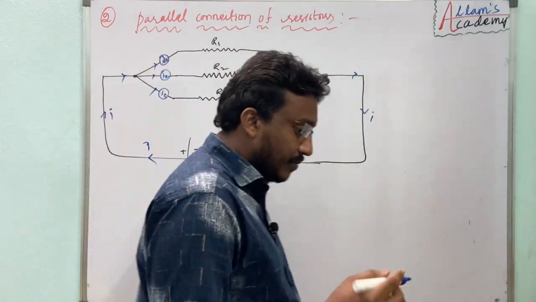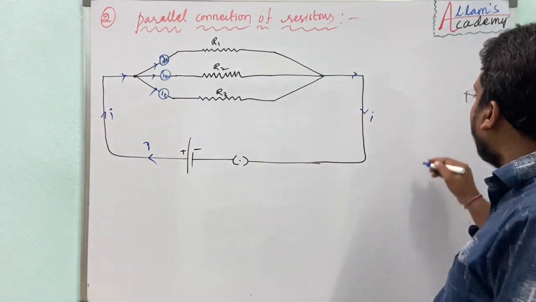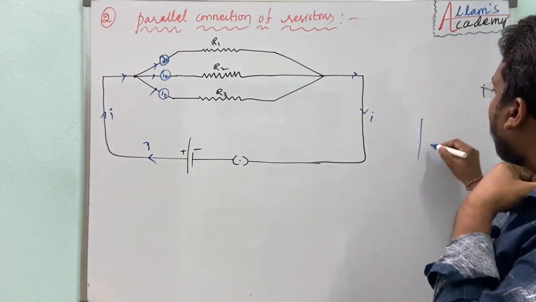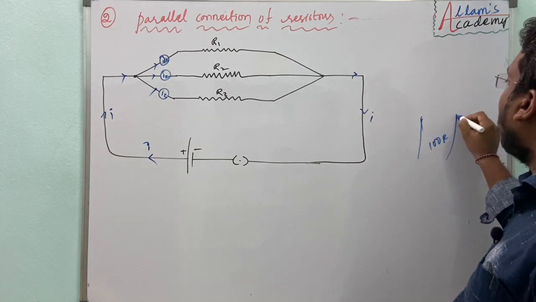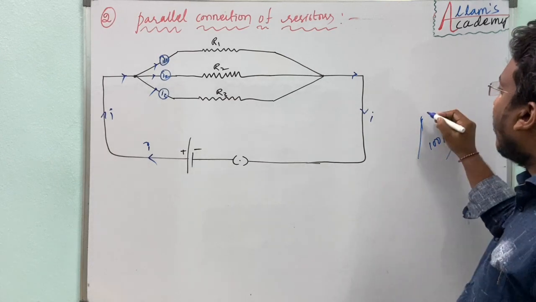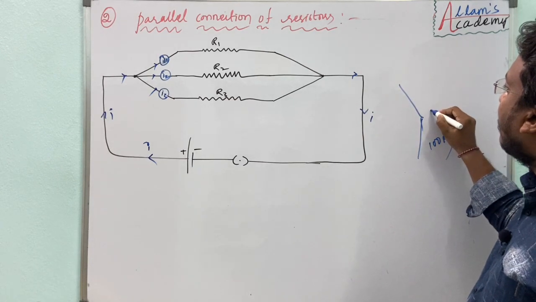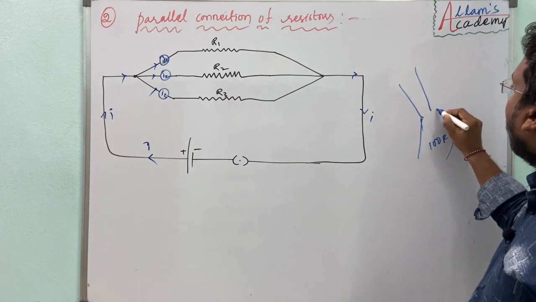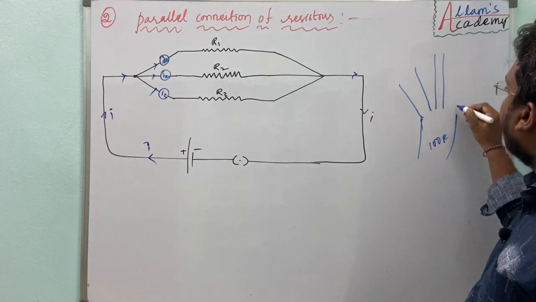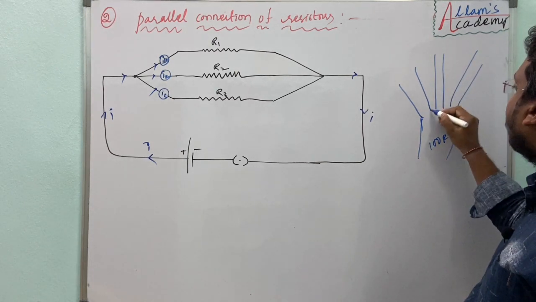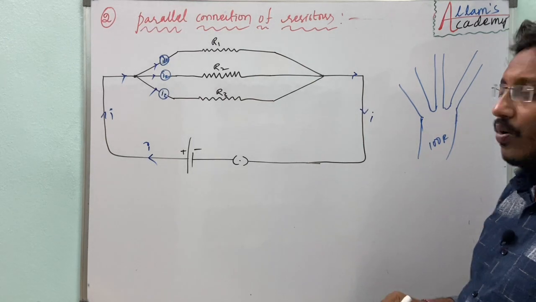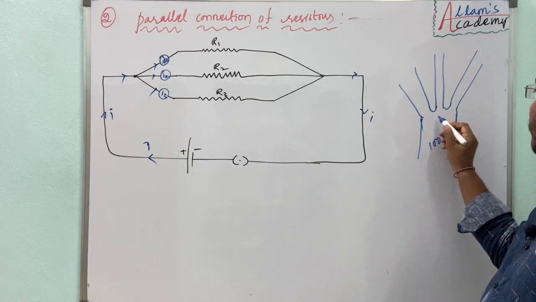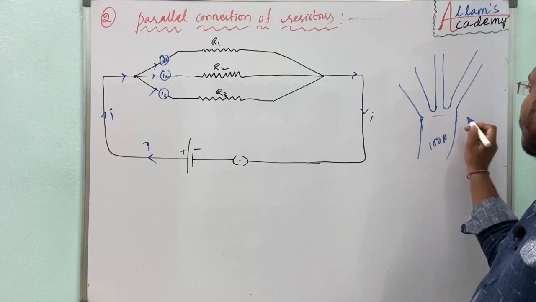For example, if 100 persons are traveling on this road and the road splits into three different ways here. Okay, right, 100 persons came up to here.